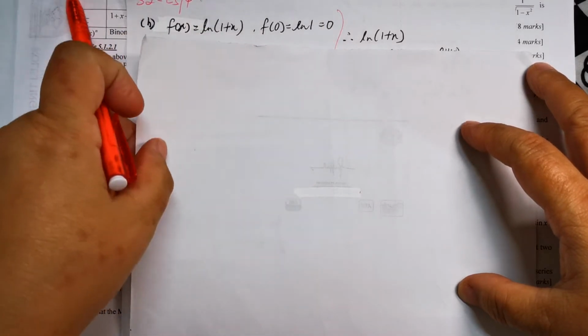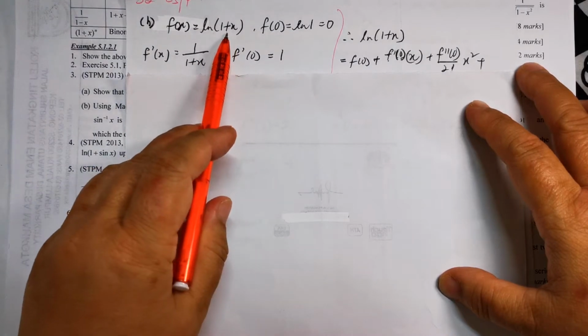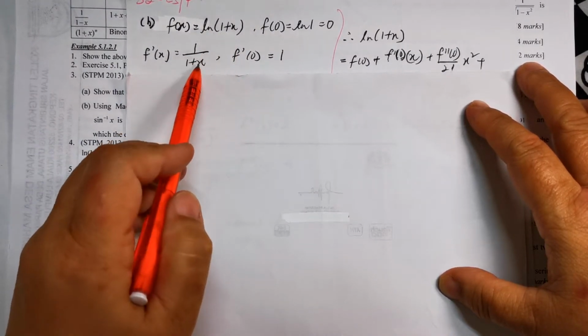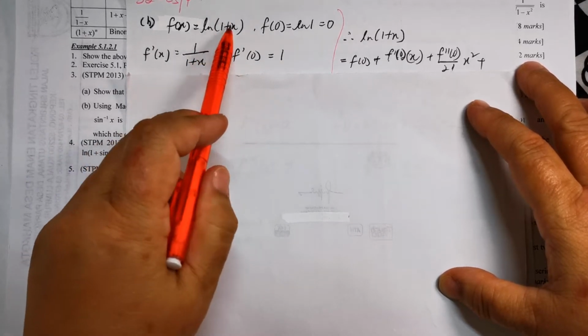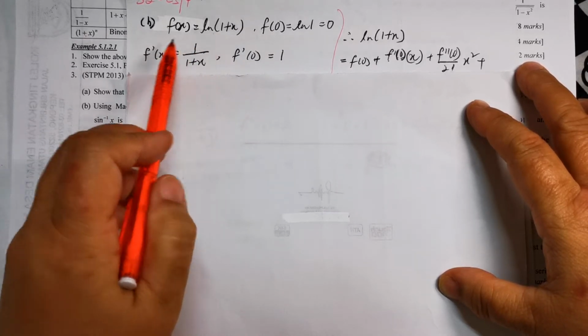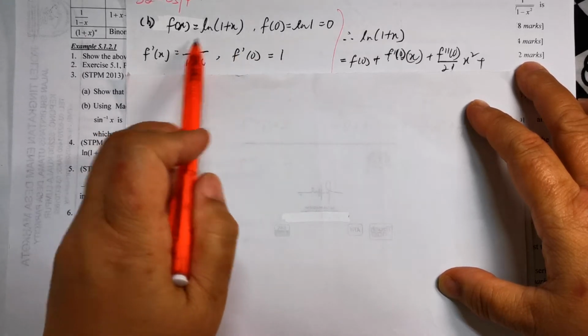Then second, differentiate ln. Remember, differentiate ln f(x) is 1 over f(x), multiply f prime(x). When you differentiate 1 plus x, it is 1. So this is f prime(x). After I get my f prime(x), immediately I sub 0 into my f prime(x). Always do like this.